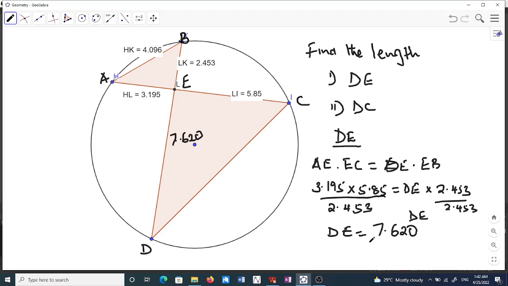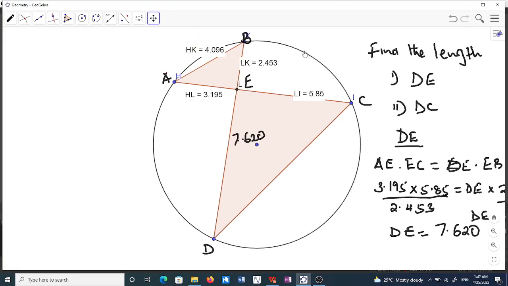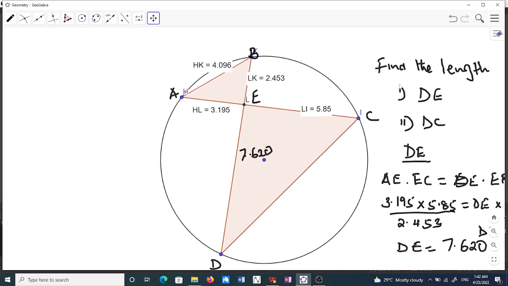Then how do I get DC? If you look at DC, I have been given HK. And what did we say about it? We said that we can also have a linear relationship. If we have, for instance, DE over AE, it is equal to the other side, EC over EB.